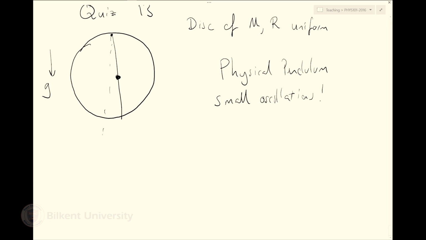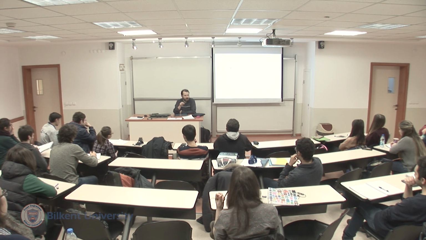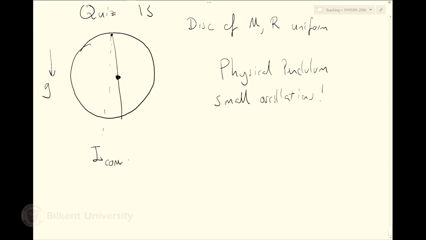Now the first thing, as you asked during the quiz, I need to know what's the moment of inertia of this object about the point of suspension, about this pivot point, right? So for that, I actually have one piece of information. I know that for a disk, the moment of inertia around the center of mass for a homogeneous disk is mr squared over 2.